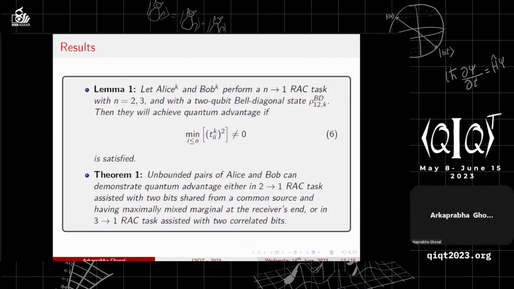Following this lemma, one can implement the main result, our theorem: that unbounded pairs of Alice and Bob can show quantum advantage in 2-to-1 RAC assisted with a 2-qubit state shared from a common source and having a maximally mixed marginal at the receiver's end. One can also conclude this for the 3-to-1 RAC game. That means an unbounded number of times I can gain quantum advantage.